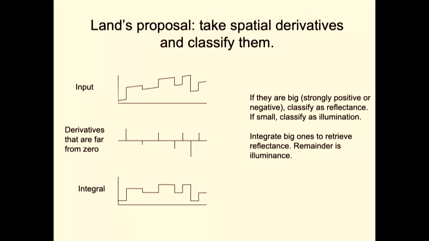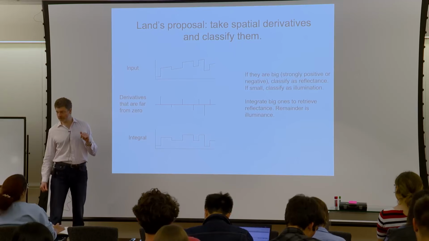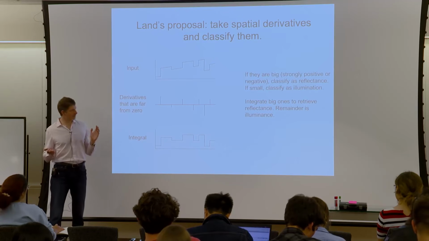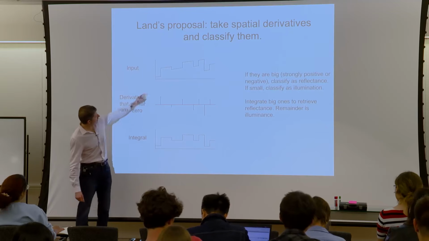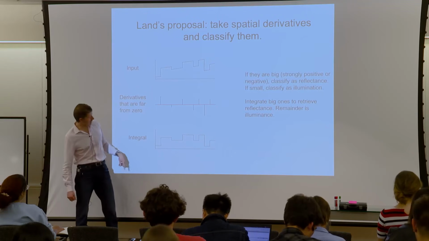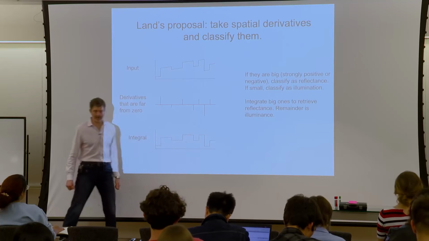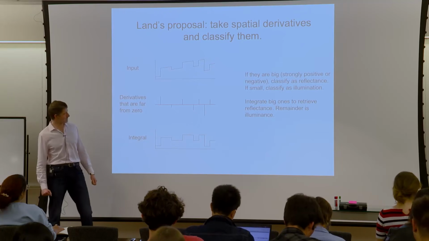So you then separate out the big derivatives and the small derivatives, and then you integrate the big ones to retrieve the reflectance. Okay? And then the remainder is the illuminance. Okay? So we take all of the big derivatives and then integrate them, and you get this thing out that's an estimate of the reflectance. Okay? So super simple. Right? Okay.